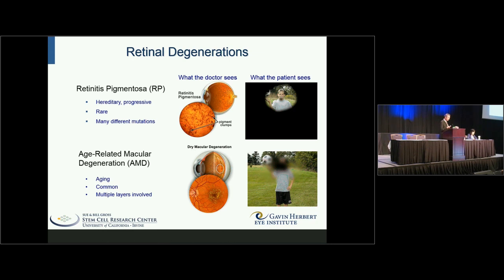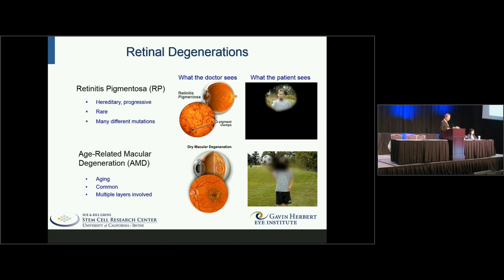So here I'm giving a flavor for the variety of manifestations of retinal degeneration as a group concept. On the one hand, you have what the doctor sees, when they look in the eye and do an ophthalmoscopic exam. In retinitis pigmentosa, as the name implies, there's a pigmented disruption of the retina that covers the periphery of the retina, and yet the macula, the central vision, is relatively spared until late in the disease.